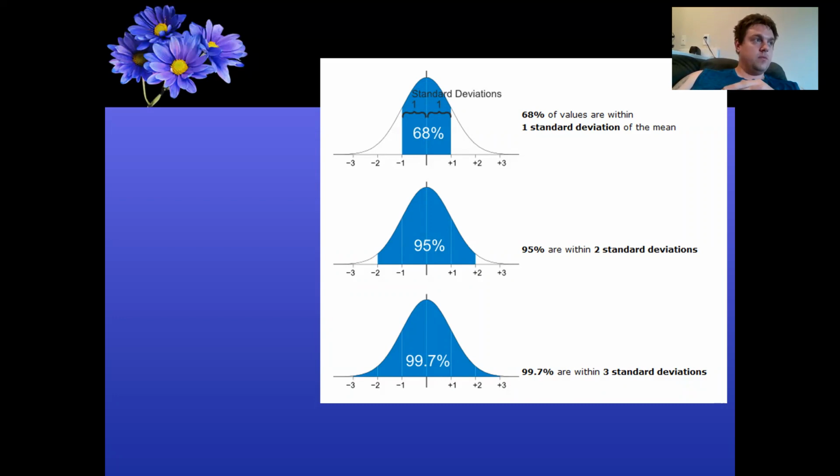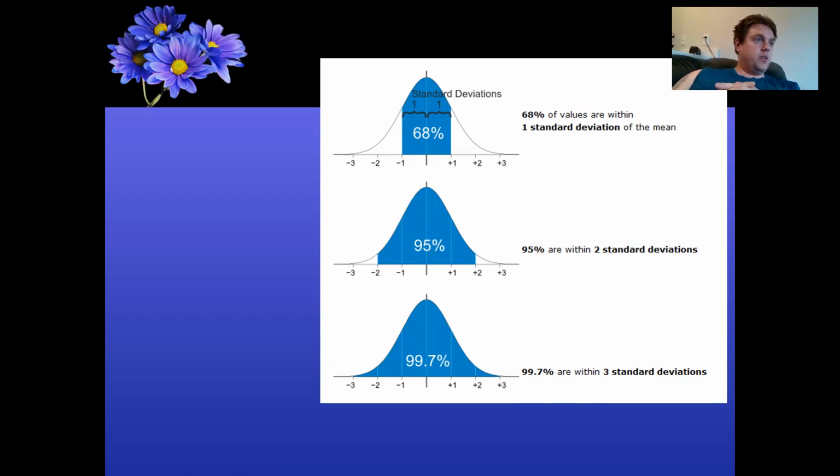So, let me give you a practical example. If I was looking at, say, test scores, so exam scores, we need to know not just the mean, but we need to know the standard deviation as well. So, how much do the scores actually vary?